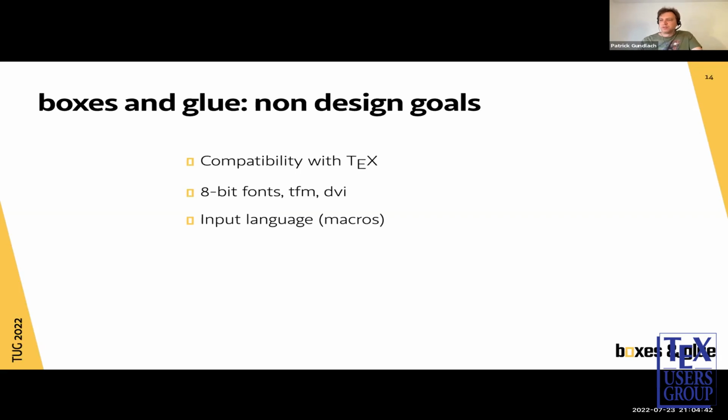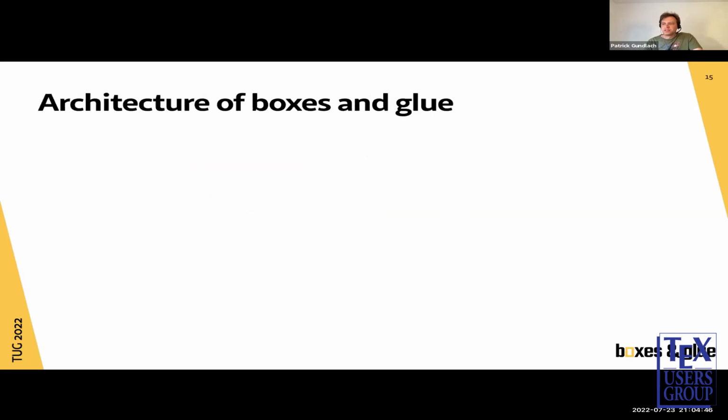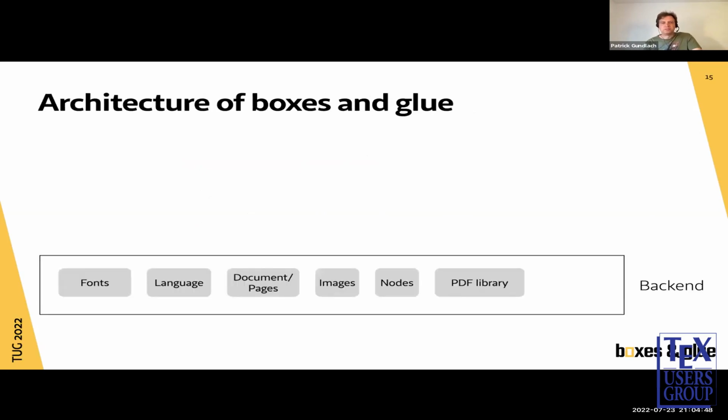So how is the library organized? It's actually split into two parts. There's a backend with some core functionality, which is absolutely necessary to create PDF documents. And this is the part where I have implemented those TeX algorithms discussed, like breaking paragraphs into lines.